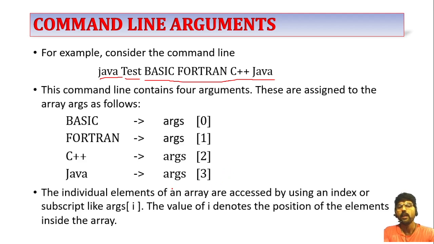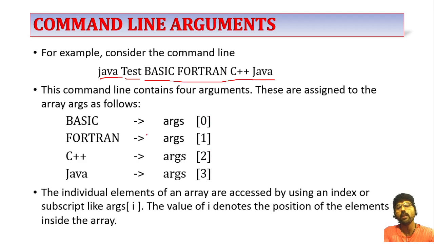Now, if I want to access Basic, I have to call args[0]. If I need C++, I call args[2]. Like that, I can access any of these 4 elements by using an index value like i, where i's value ranges from 0 to 3 in my example here.